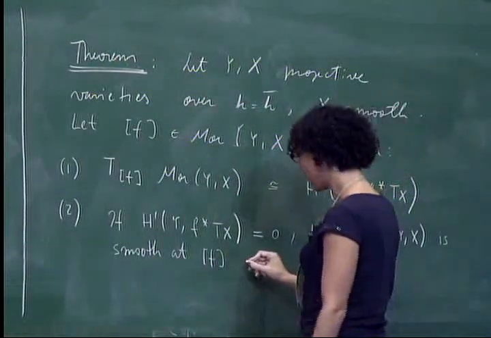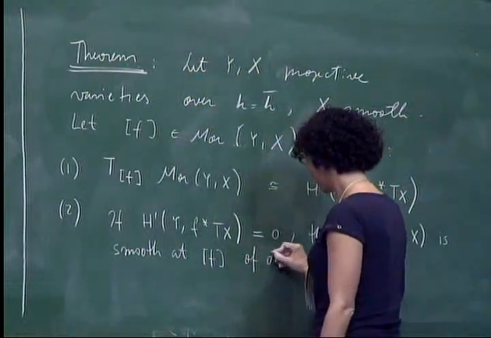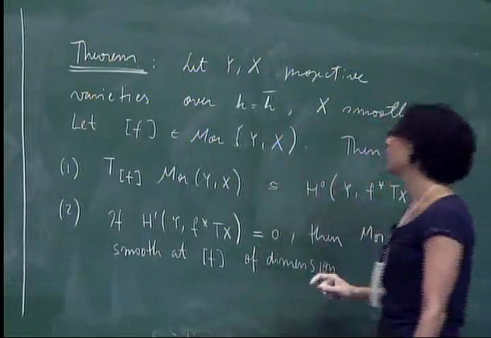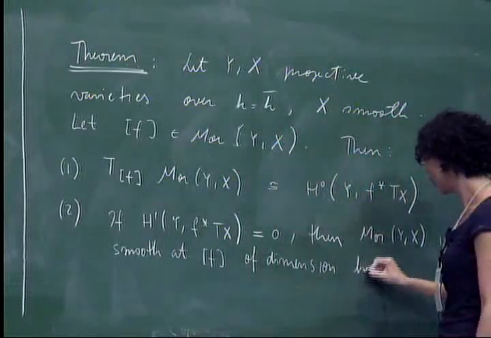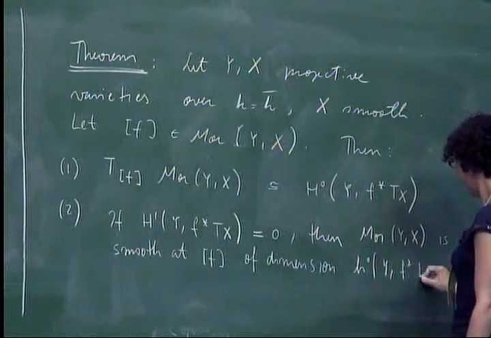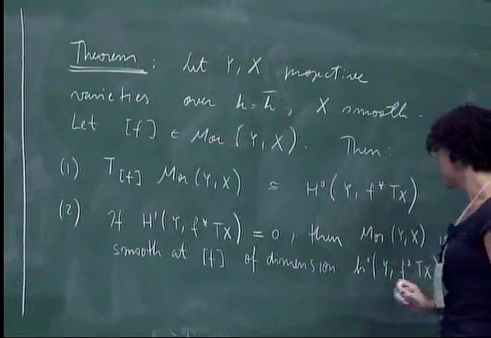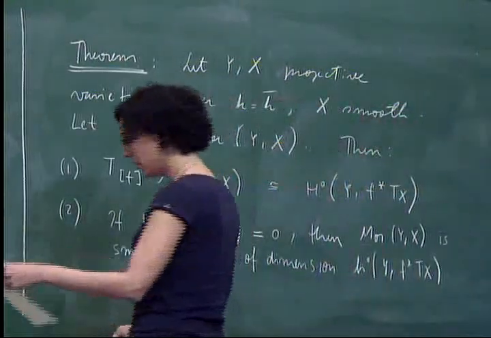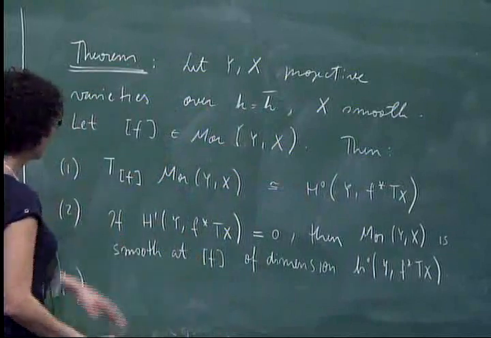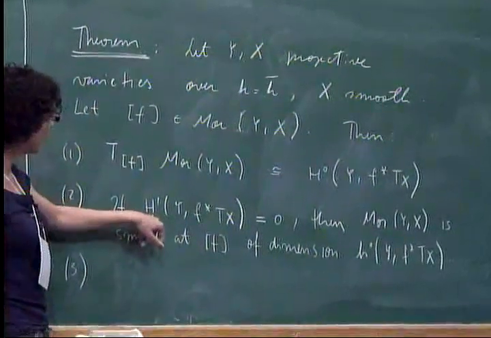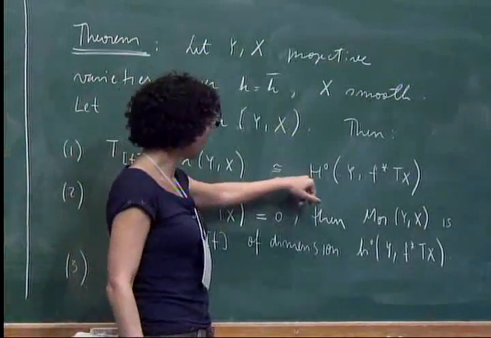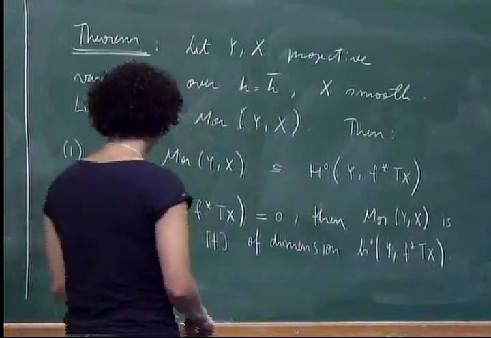It is smooth at F of dimension H naught of Y, F pullback Tx. Third, so this is the obstruction for, say, a first order deformation to actually come from a deformation.